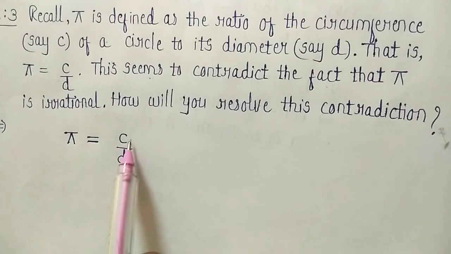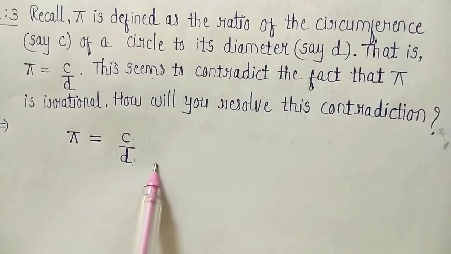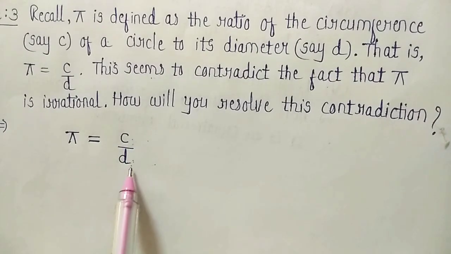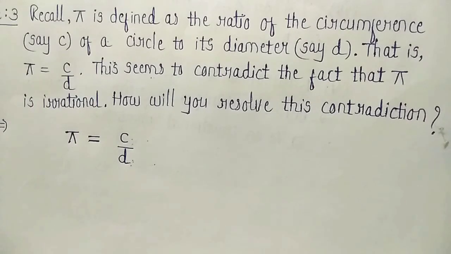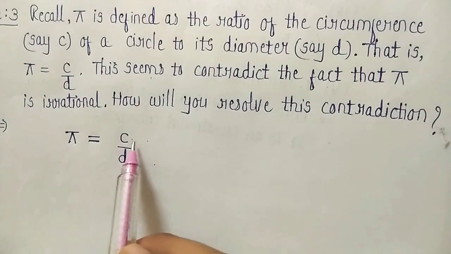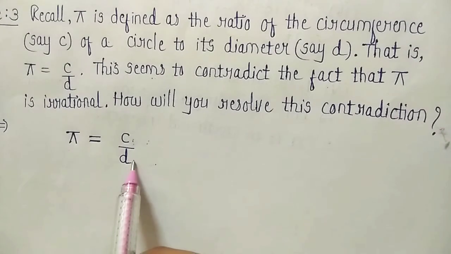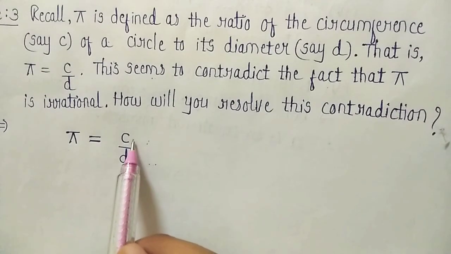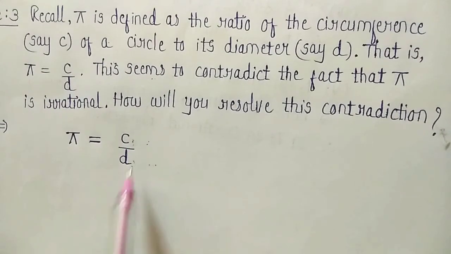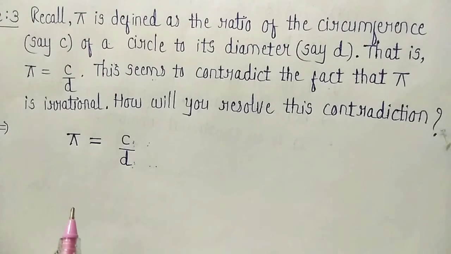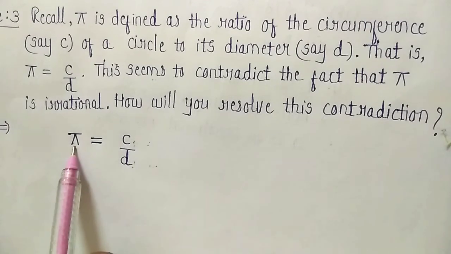So here circumference and diameter both can be irrational. And if this is irrational and this is also irrational, then the quotient of these two can also be an irrational number. So what does this mean? We are getting pi as an irrational number.